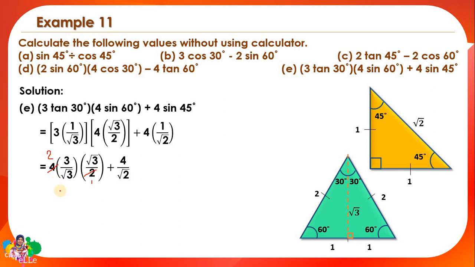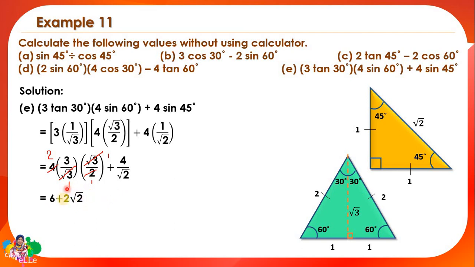Any other value that you can simplify? Yes, this one. Square root 3, you simplify with square root 3. So, 2 times 3 equals 6 plus 4 over square root 2.